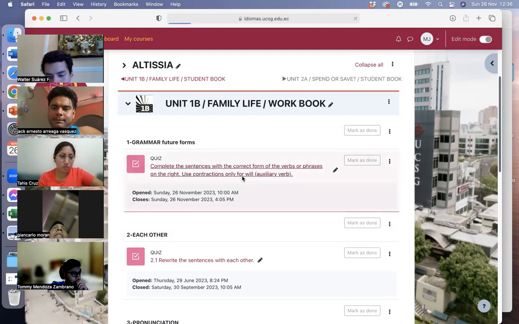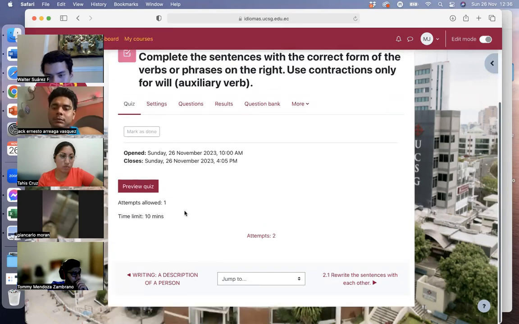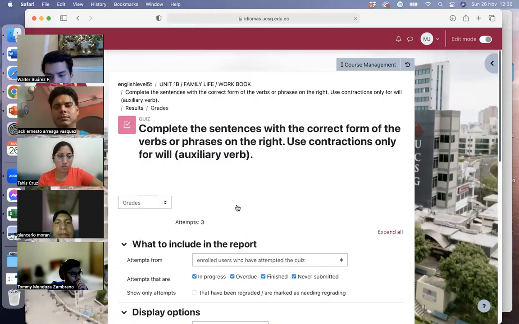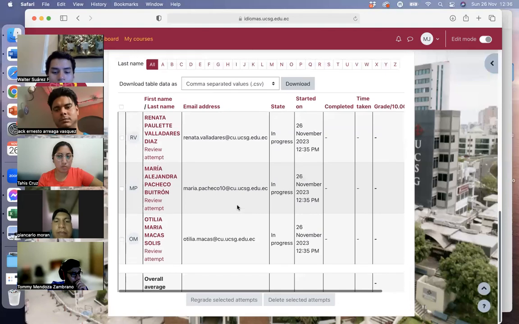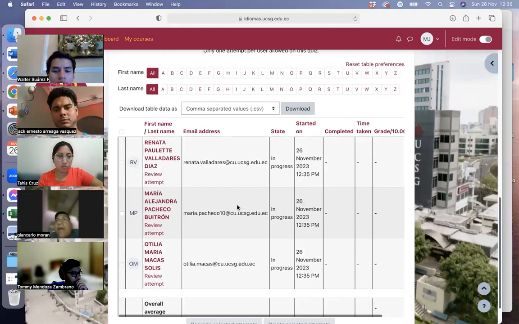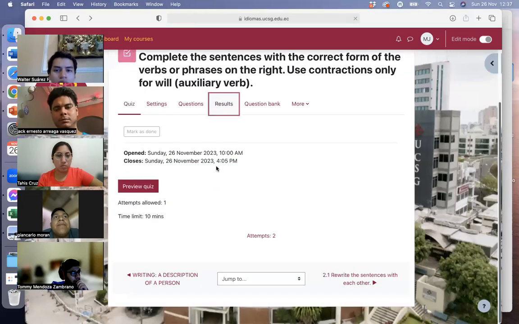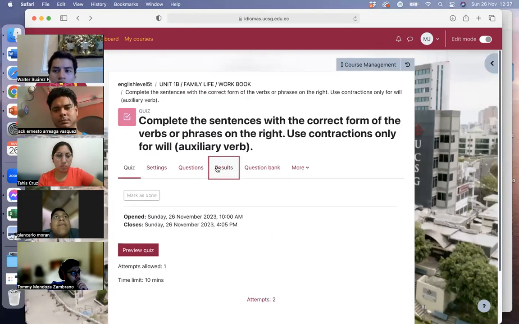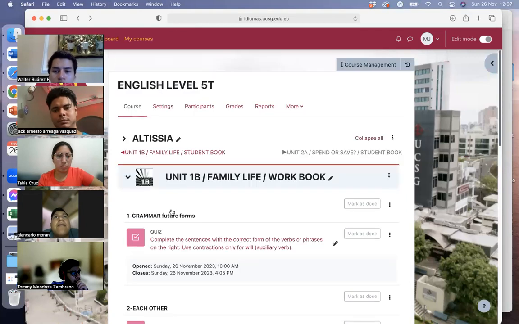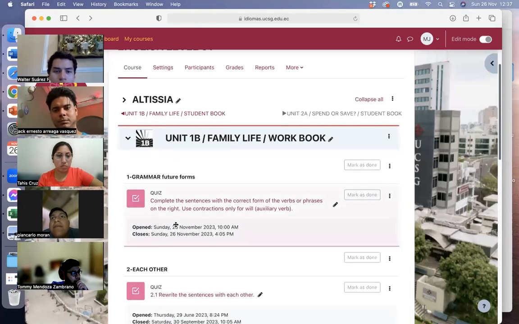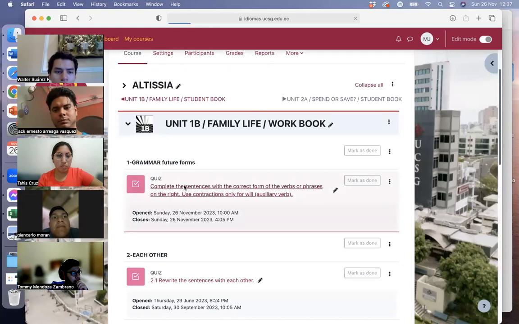I think I put 10 minutes for this activity, but I would like you to finish a bit before that. Okay, so start your activity. Again, log into Moodle, activity 1B, workbook, not student book, and then the quiz, grammar quiz number 1. Okay, this one here.